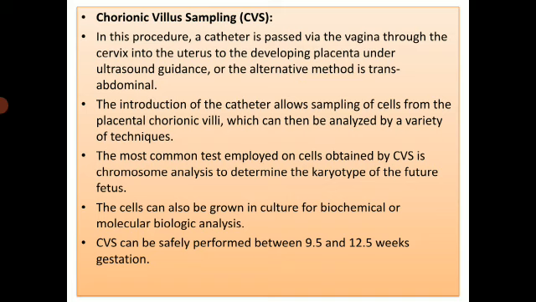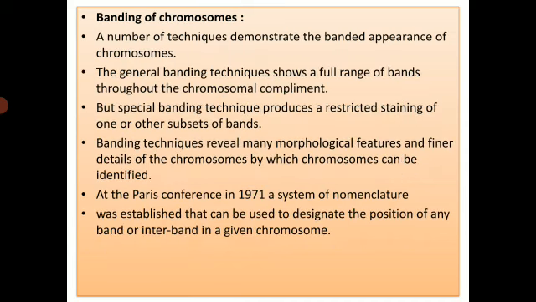CVS can be safely performed between 9.5 and 12.5 weeks of gestation. Okay, so two methods we have seen at present. The third method, which is again a very important method to understand about the genetic disorders, if any, is about the banding of chromosomes.